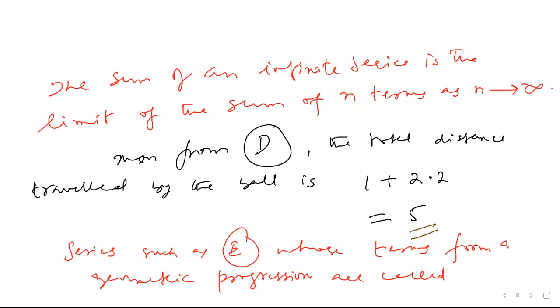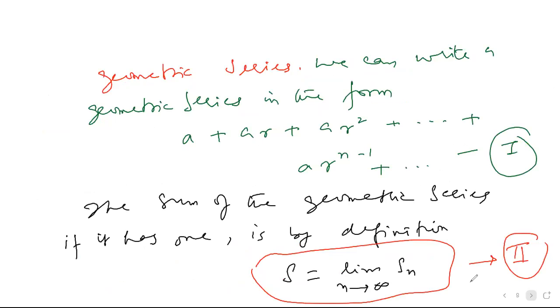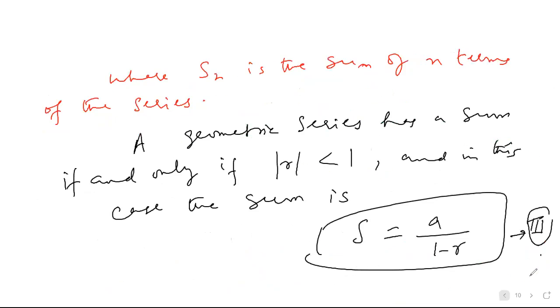And we said that the geometric series, we gave the definition of geometric series, and we wrote its general form, and we said the sum of the geometric series is by definition the sum of its n terms as n tends to infinity, which is written by second.